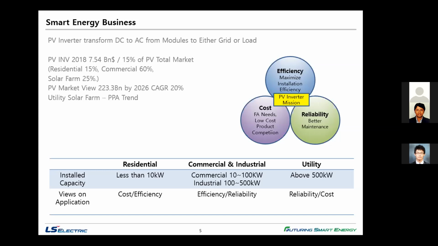And also now the trend is changing. The utility solar farm is changing to PPA, which means power purchase agreements, where the private power producer purchases, owns and operates, and resells to the utility company.